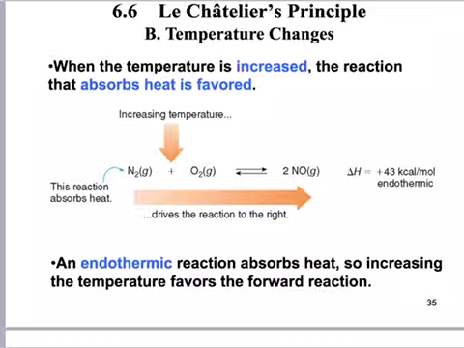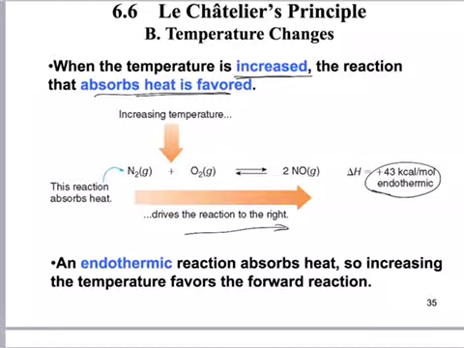All right, what about temperature increasing? If we increase the temperature, then a reaction that absorbs heat is favored. In other words, if the reaction is endothermic, then the reaction proceeds to the right. This is something kind of interesting.